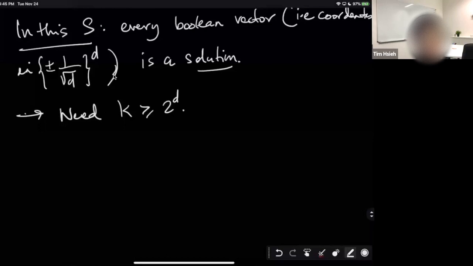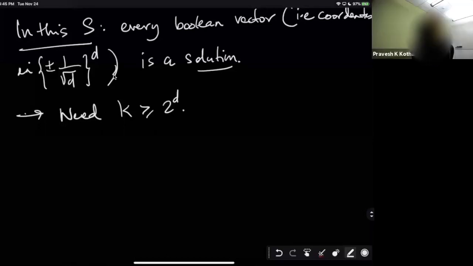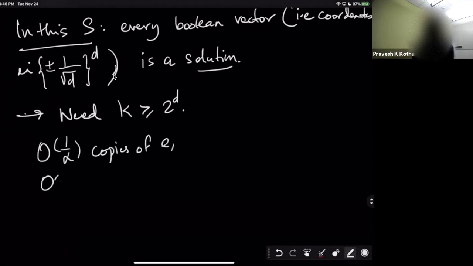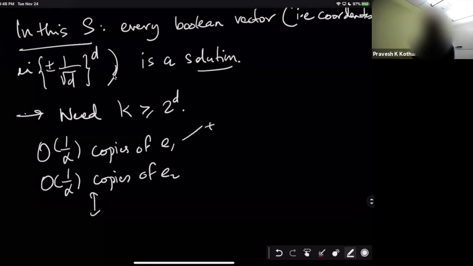Right. So in other words, you can even forget about good and bad sets. This example is simply saying, construct the following subset of equations. Output E1 some O of 1 over alpha times. So take O of 1 over alpha copies of E1, O of 1 over alpha copies of E2, and so on. For half the copies, label them by 1 over root d. For the other half, label them by minus 1 over root d, and so on.